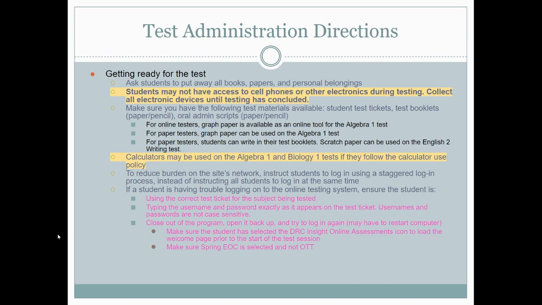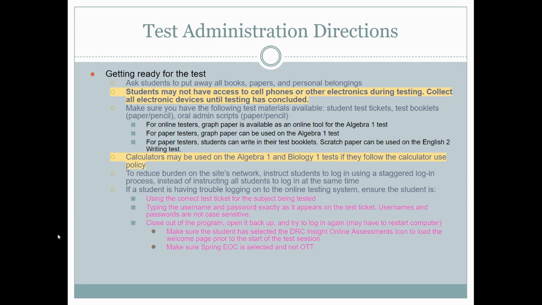And then also for paper testers, students can write directly in their test books, but if they need additional scratch paper on that English 2 writing test, you may give them some additional paper. For our online testers, scratch paper should be their test ticket. So please ask them to use both sides of their test ticket. And if they run out of room, then at that time, you can give them a piece of scratch paper.